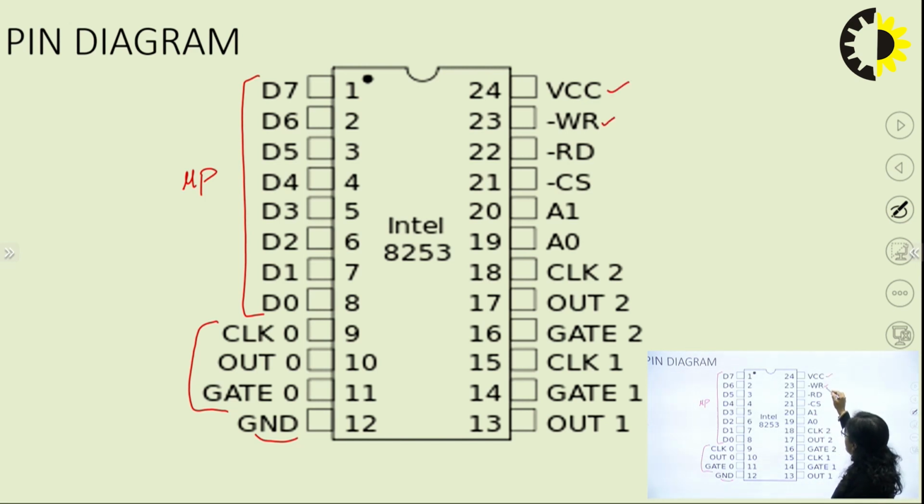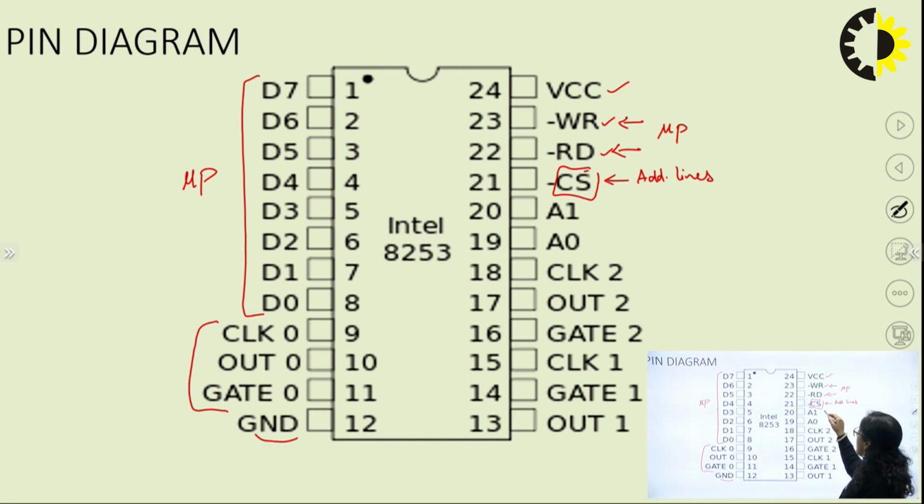Pins 22 and 23 are the write and read signals. These are connected with the microprocessor's read and write signals, so that whenever the microprocessor is writing something to the 8253, it will make the write signal active low, and if the microprocessor has to read something from the 8253, it will make the read signal active low. Then chip selection: initially the microprocessor has to first select this chip, and the address lines of the microprocessor are used for this chip selection.